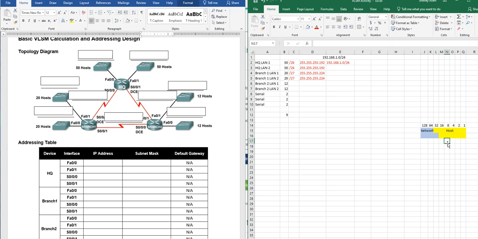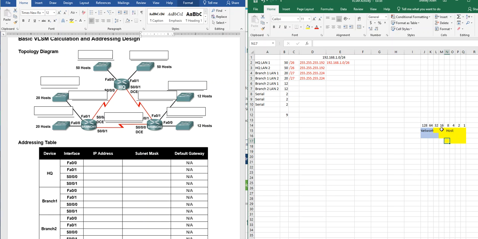Is this enough? If you're looking at 2 to the 4th, so if you have 4 bits, 2 to the 4th is 16. That would be enough. Let me shade in the correct one here. So 1, 2, 3, 4 bits.